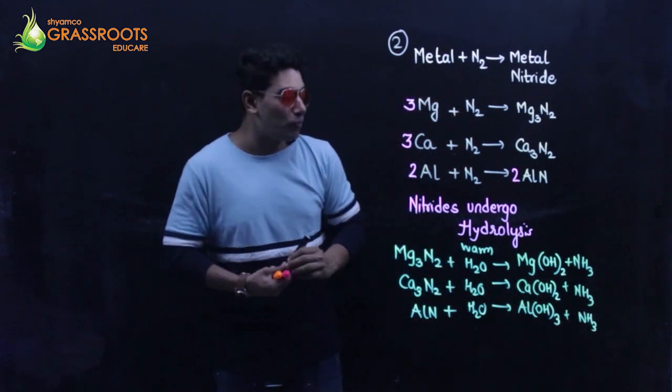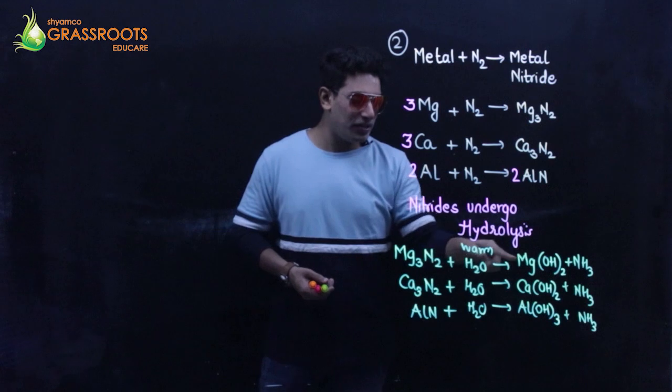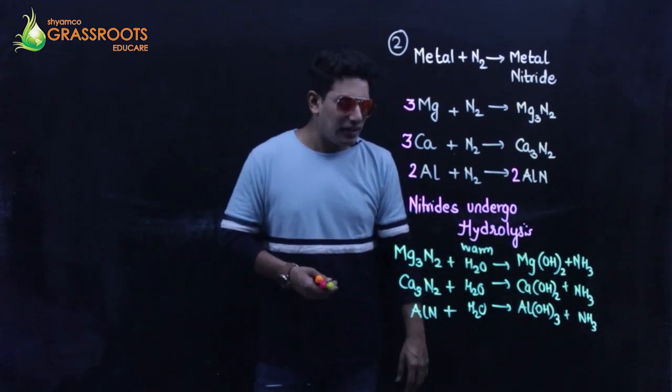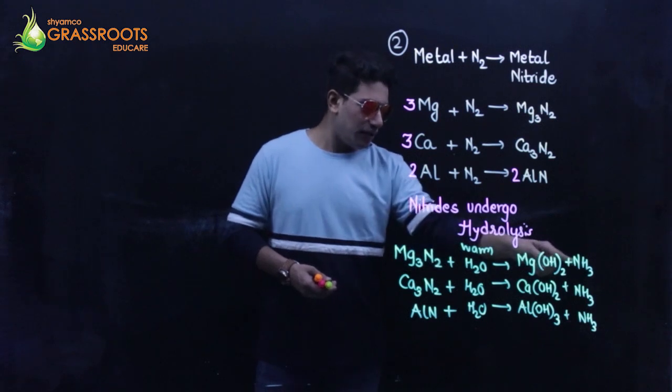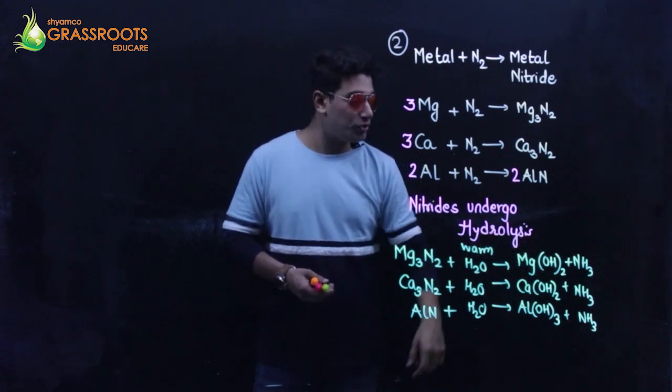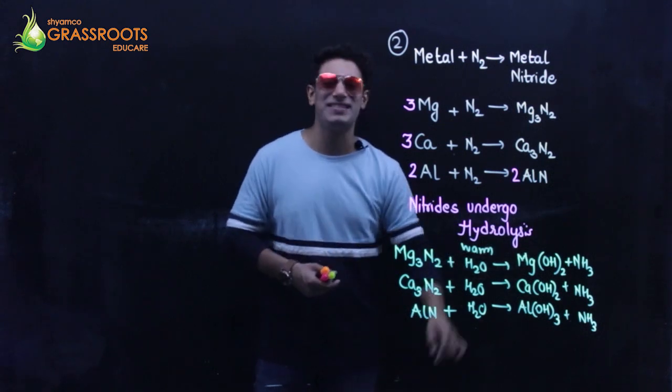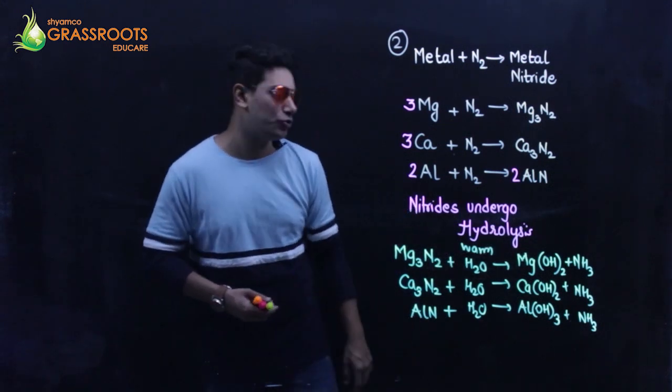If I happen to balance it out, 3 magnesium, there can be a 3 out here. Two nitrogen, to make 2 nitrogen, I should put a 2 out here. Let's try how many oxygens. If there was a 3, there will be 6 oxygen and 12 hydrogen.